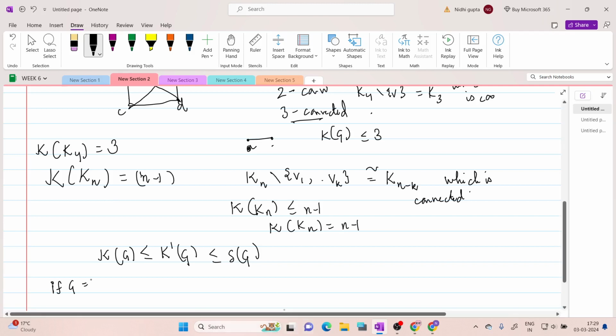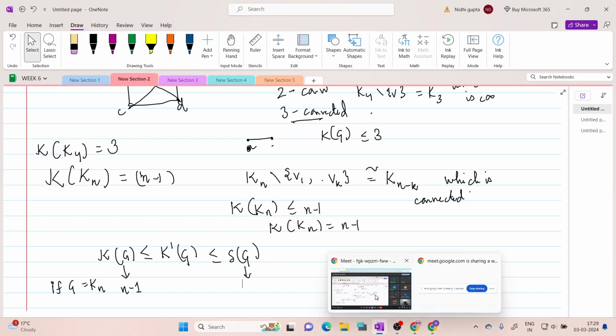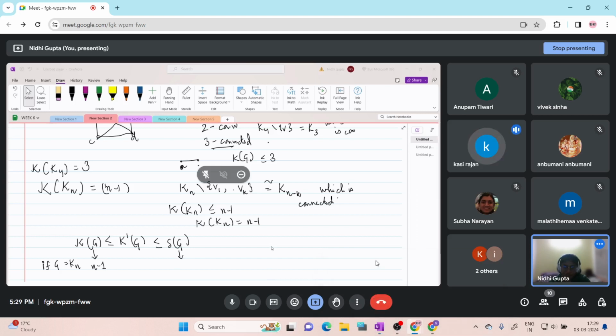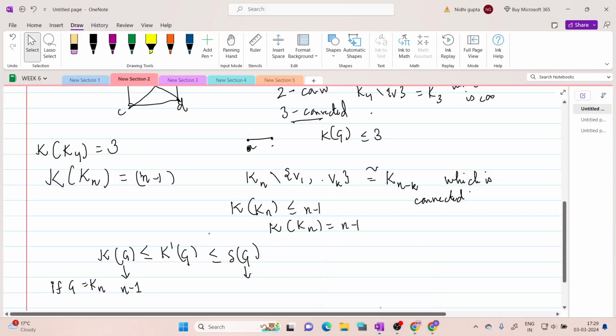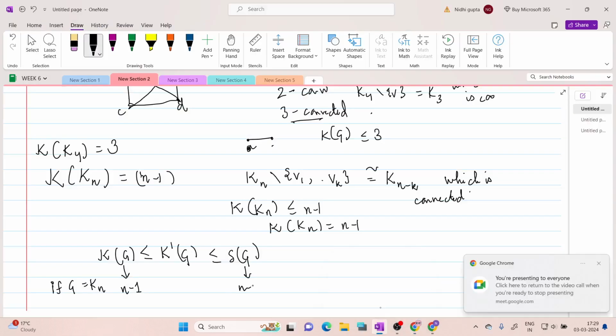So if G is equal to Kn, we have seen that vertex connectivity is n minus 1. What is the minimum degree of Kn? It's also n minus 1. So then what will be the edge connectivity? N minus 1. Yes.